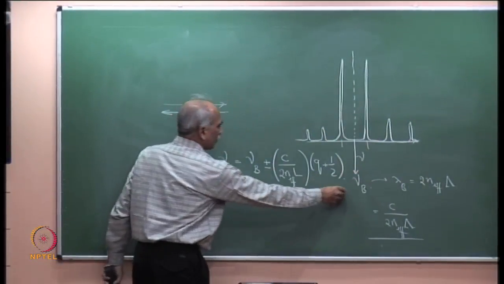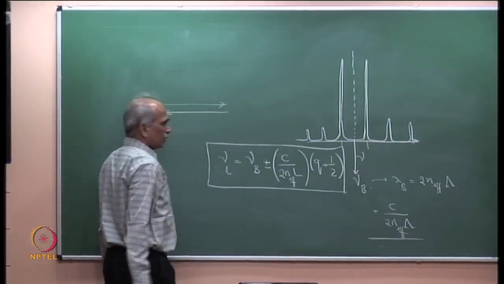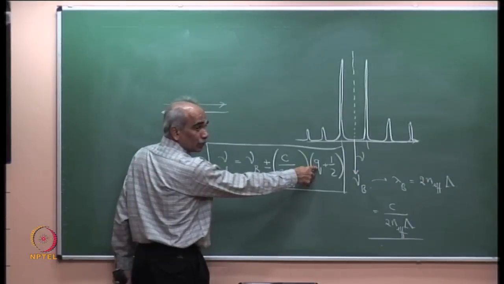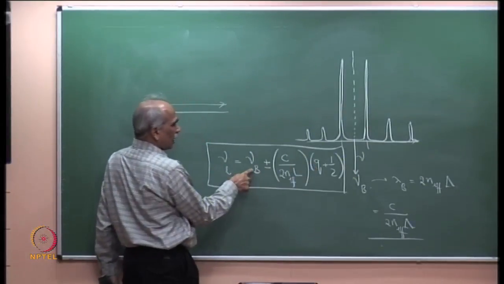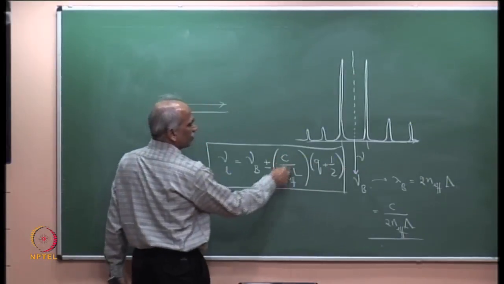The modes are given by this expression, which means even if you put q equal to 0, then you have nu b plus minus half times this.